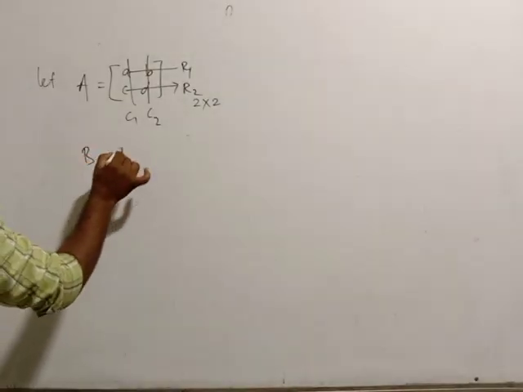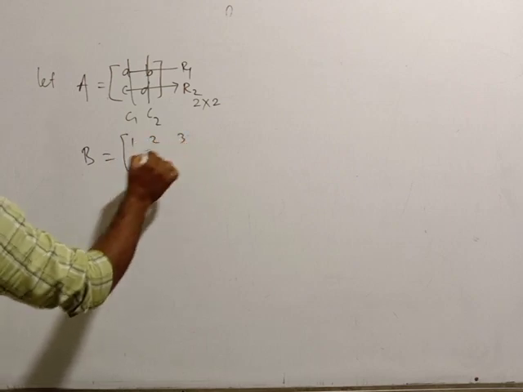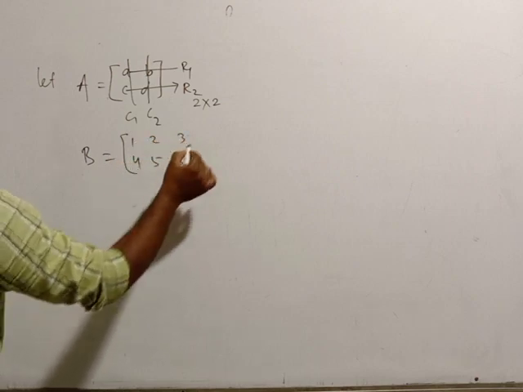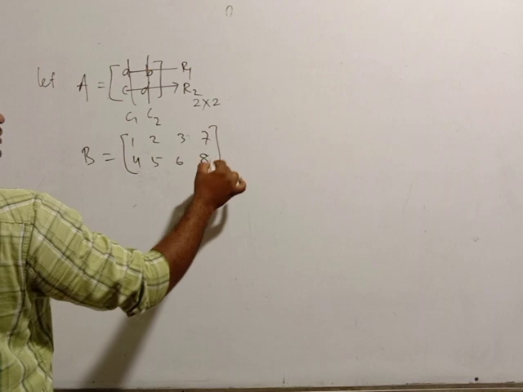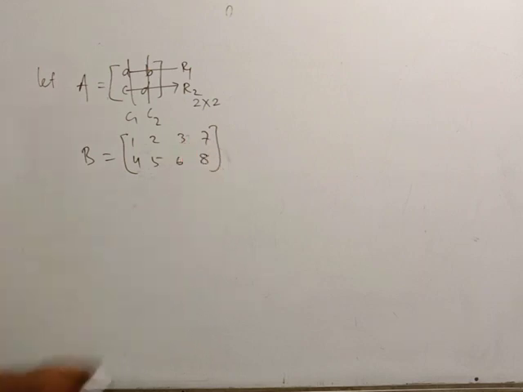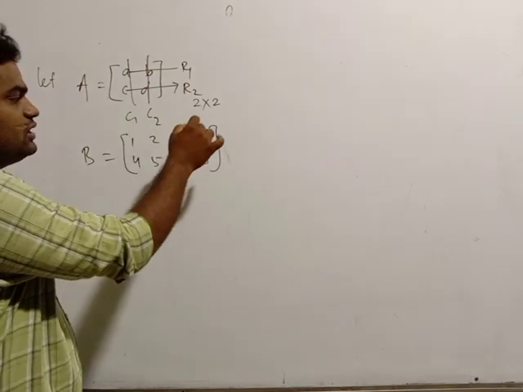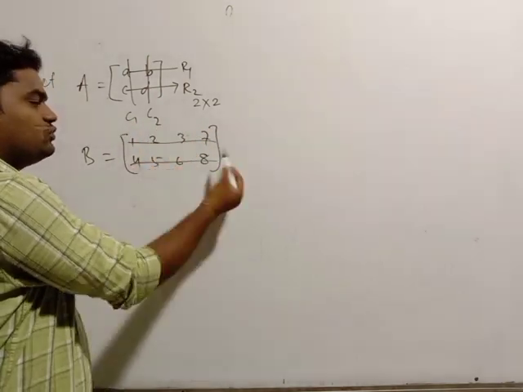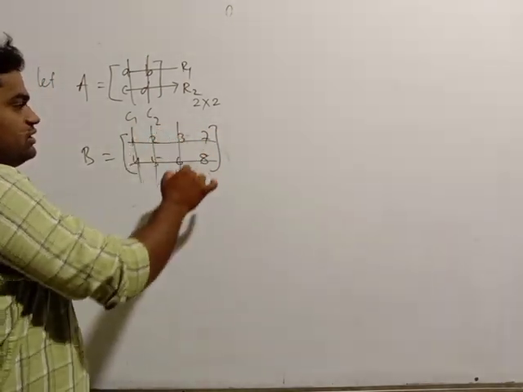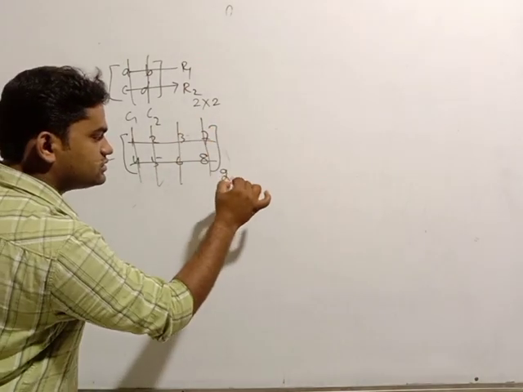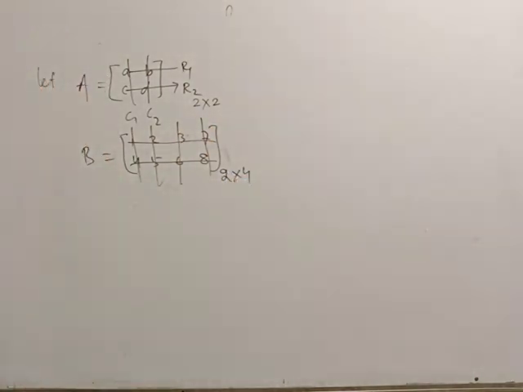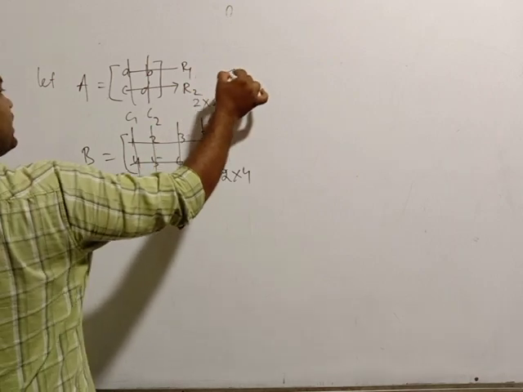Similarly, let P be a matrix with two rows and four columns. So its order is 2 by 4. Similarly, look at another example.